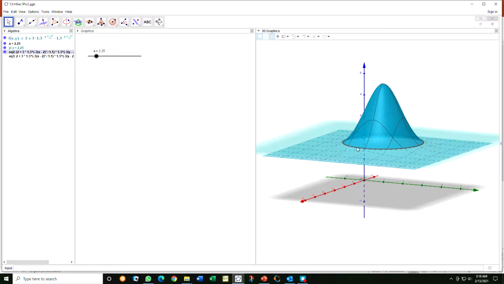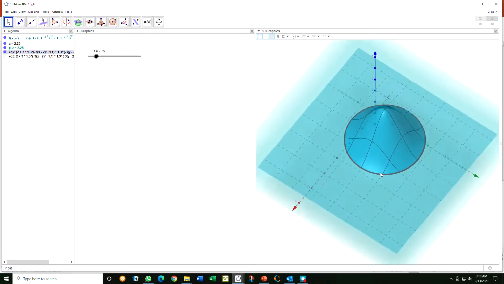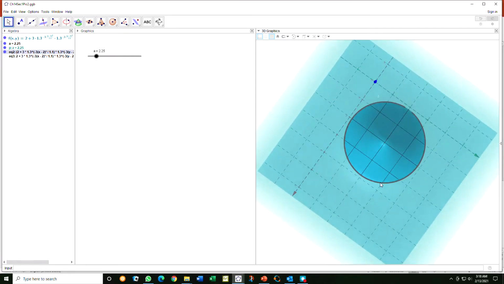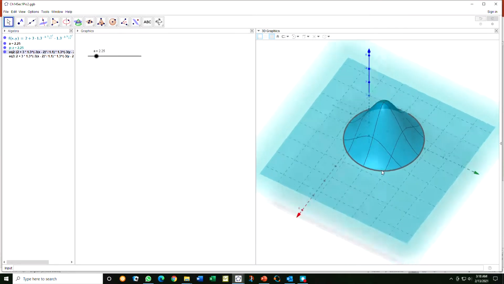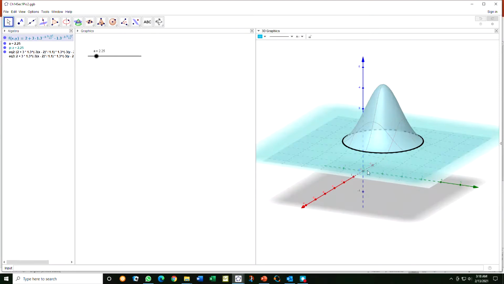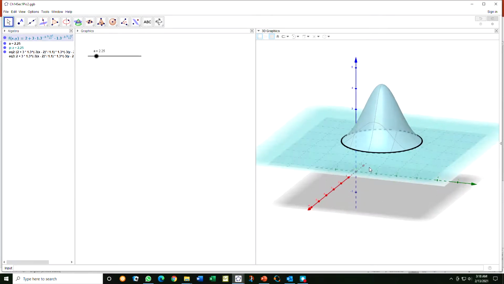When the plane intersects this surface, it would look like that, whatever that shape is. Can we see what that shape is? Yeah, why don't we look at it? Aha! It is actually a circle. Isn't that interesting? When our plane z equals 2.25 intersects our surface, we apparently get a circle of a certain size, of a certain diameter.